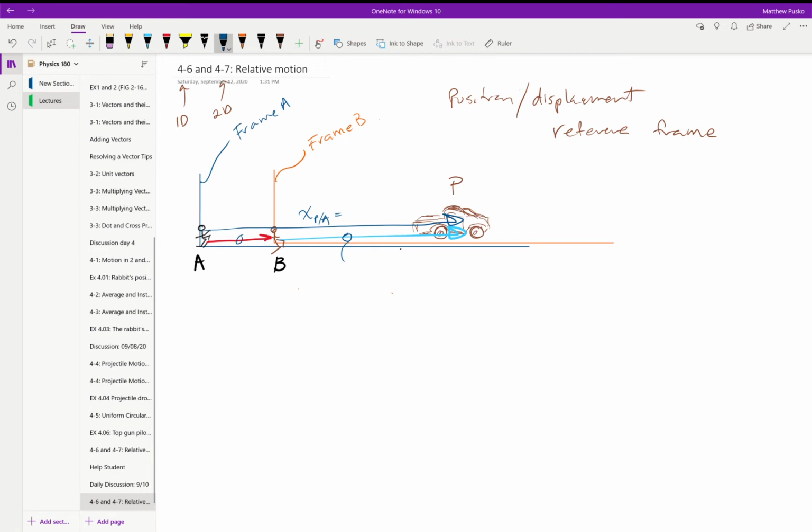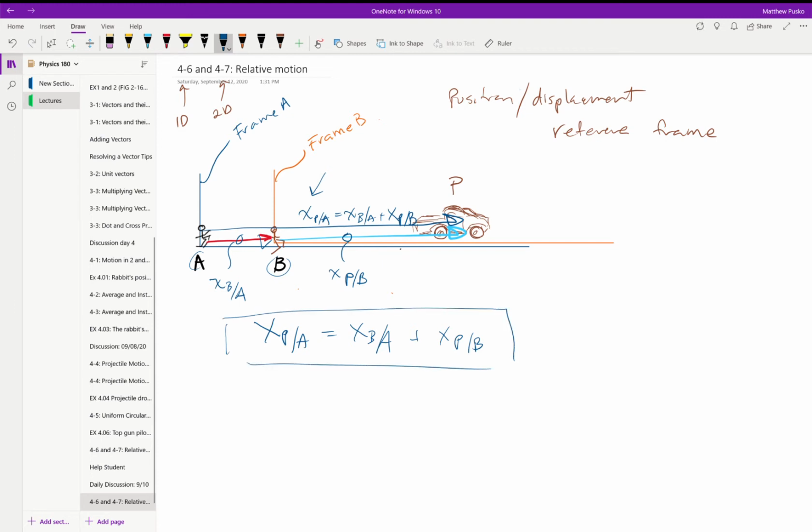Let's call this one the position of P with respect to B, and this the position of B with respect to A. So the position of P with respect to A is just both of those vectors added up: X of B with respect to A plus X of P with respect to B.